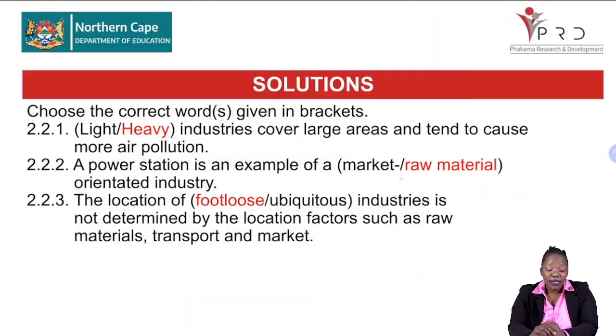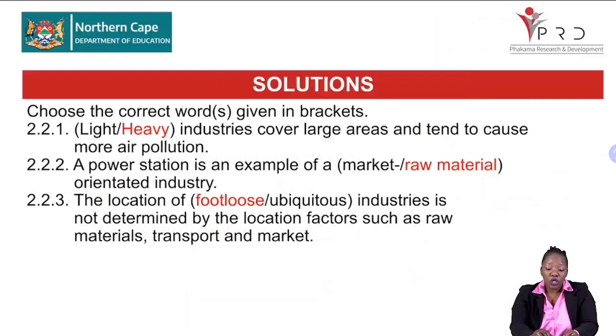Then thirdly, the location of the Footloose. So the difference between the two is that the Footloose, they are only dealing with appliances or anything that is not expiring. Your ubiquitous, yes, also do not have factors such as raw material, but these are the types of industries that deal with telecommunications.